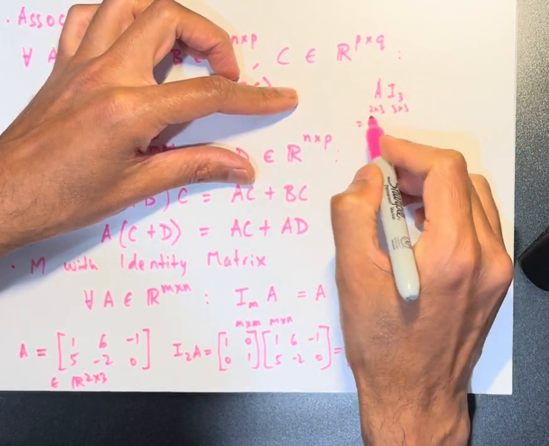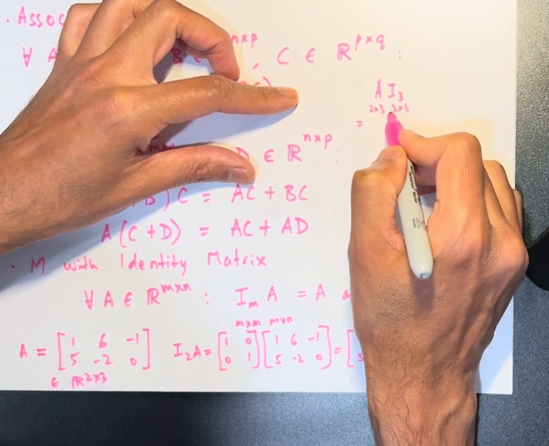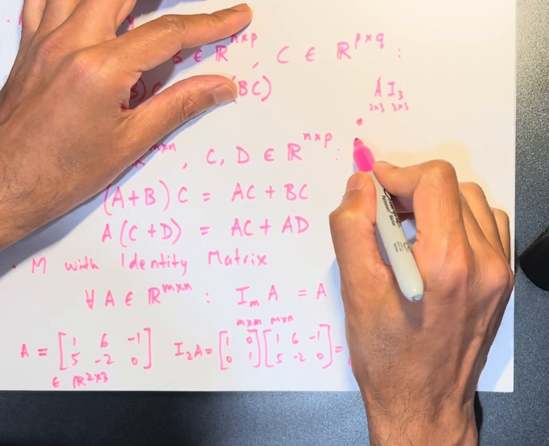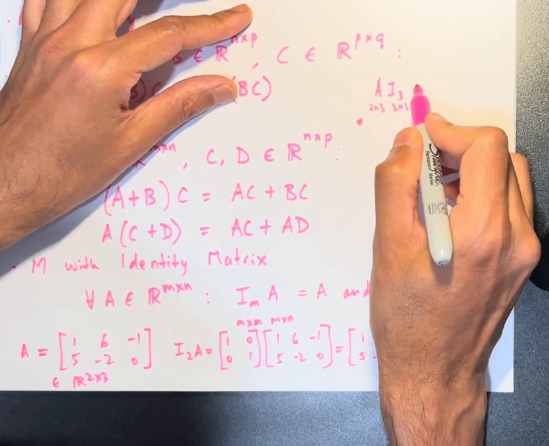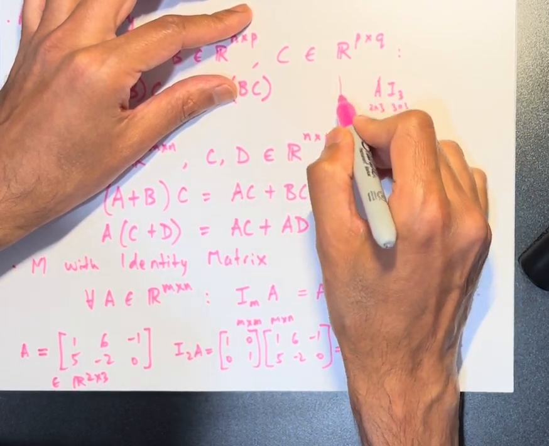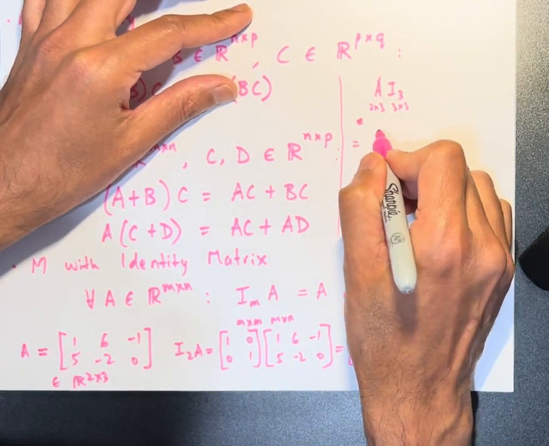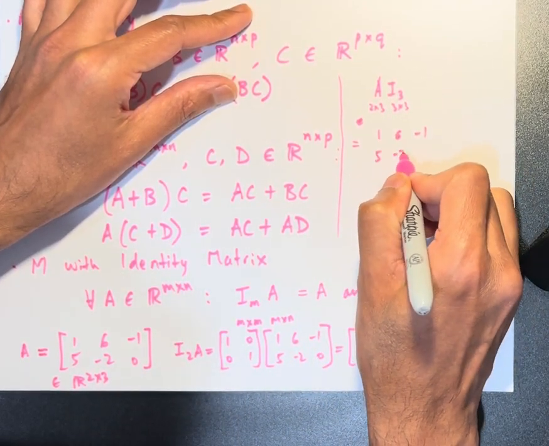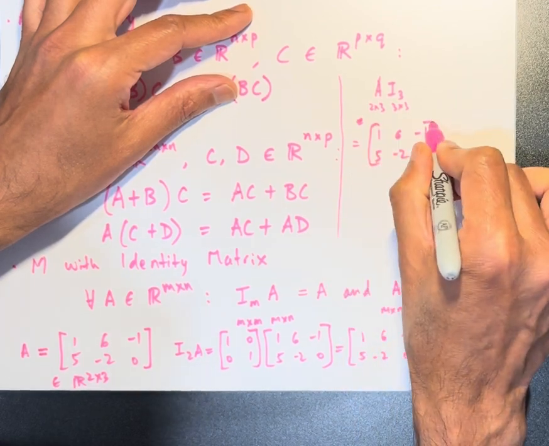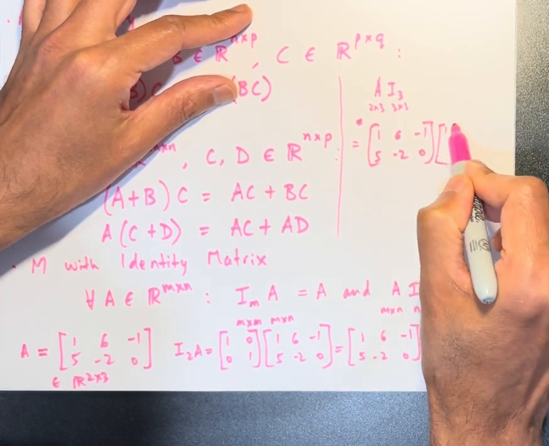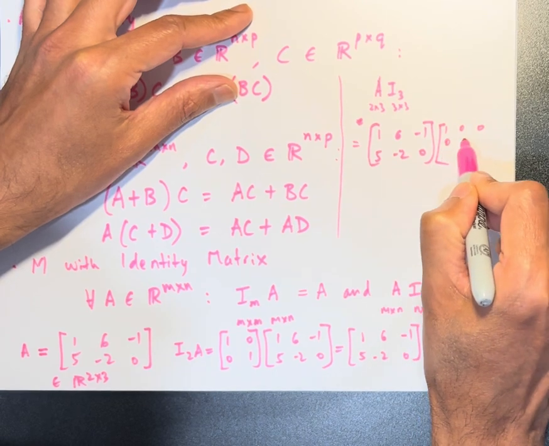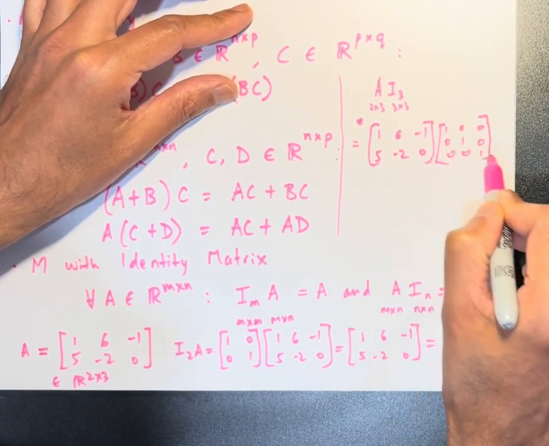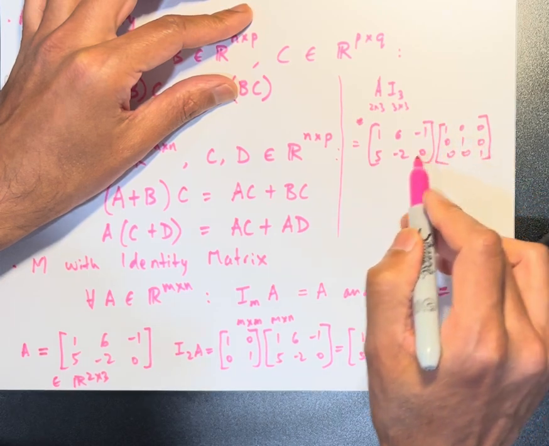Identity matrices always have the same dimension for both rows and columns. They are square matrices. So A times I3 equals 1, 6, negative 1, 5, negative 2, 0, times 1, 0, 0, 0, 1, 0, 0, 0, 1. This is the identity matrix in 3 dimensions.